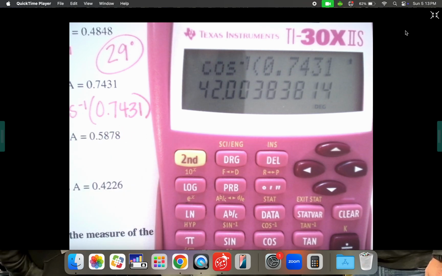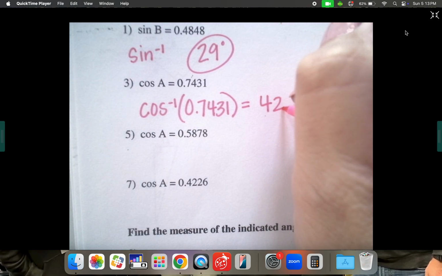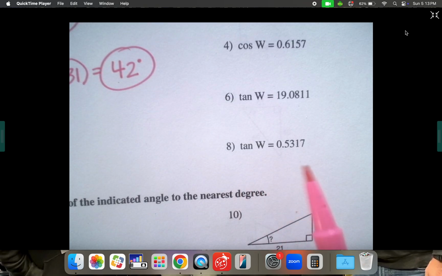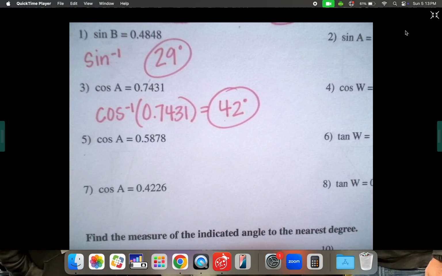And that would be about a 42-degree angle. So 42 degrees. Okay, I would like you to pause my video and try doing all the rest of these through number 8. Then I'll start back up with you on number 9 in your notes. So go ahead and pause the video now and try these other 6 problems on your own.